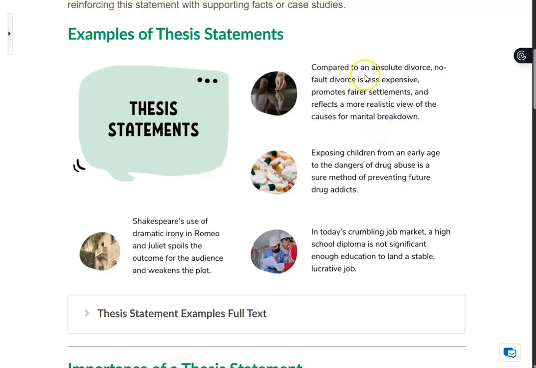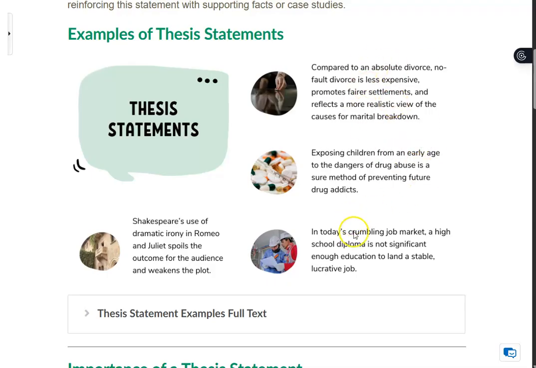The no-fault, comparing an absolute divorce to a no-fault divorce is less expensive, promotes fairer settlements, and reflects a more realistic view of the causes for marital breakdown. Very clear. It's telling you, hey, I am going to espouse the idea of a no-fault divorce because.